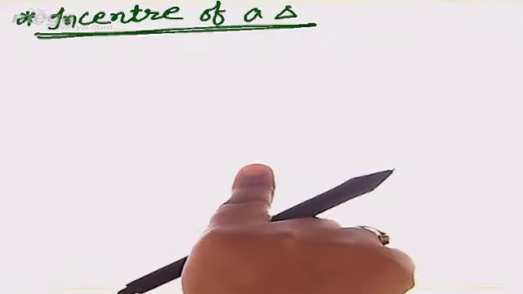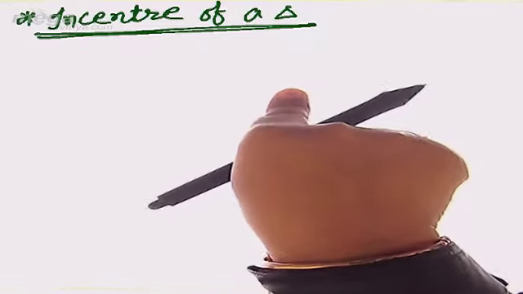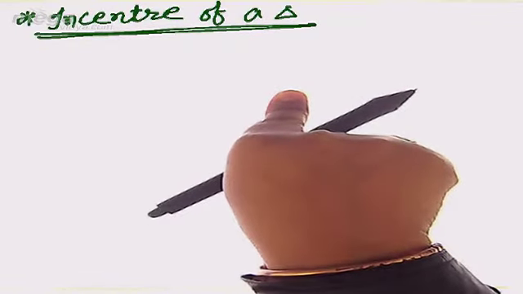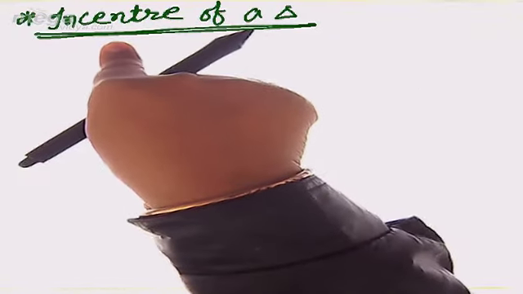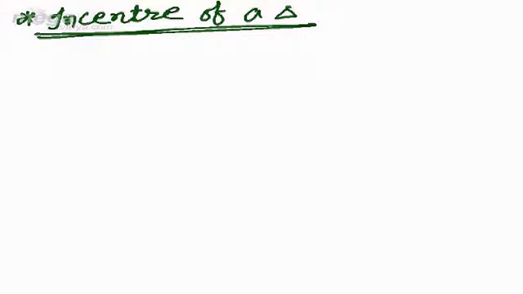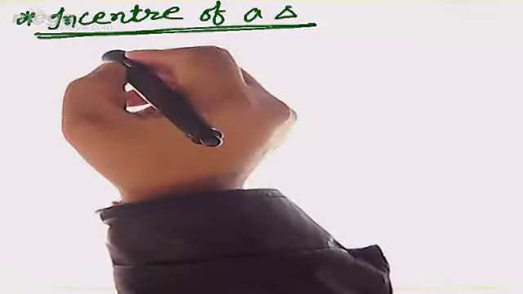In centroid, we did the centroid is the point of intersection of medians. Now, in the same manner, the incenter is the point of intersection of all the angle bisectors of the triangle. So, I am writing here the definition.